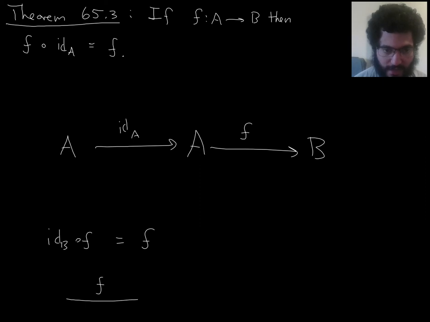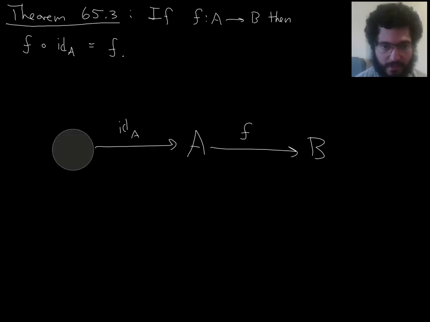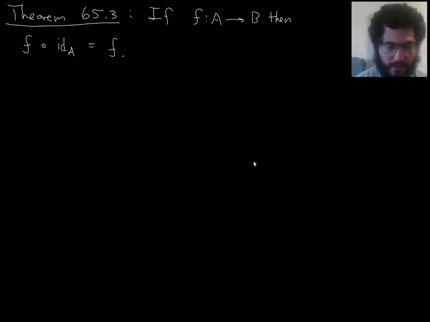So there I'd be looking at F goes from A to B, and then what kind of identity is needed here? The identity B to B, the identity function on B. Okay, so that is a way to remember what kind of identity function to use when you're writing these things down.